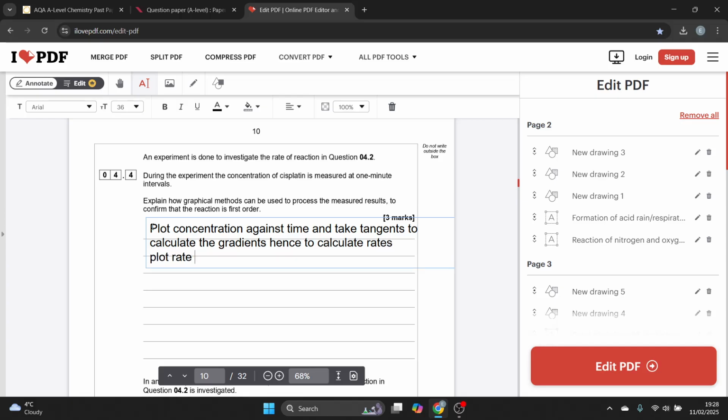Plot rate against concentration. A straight line through the origin, directly proportional, confirms that the reaction is first order.